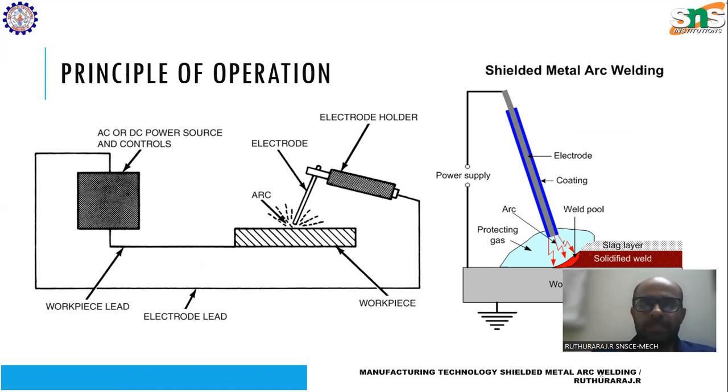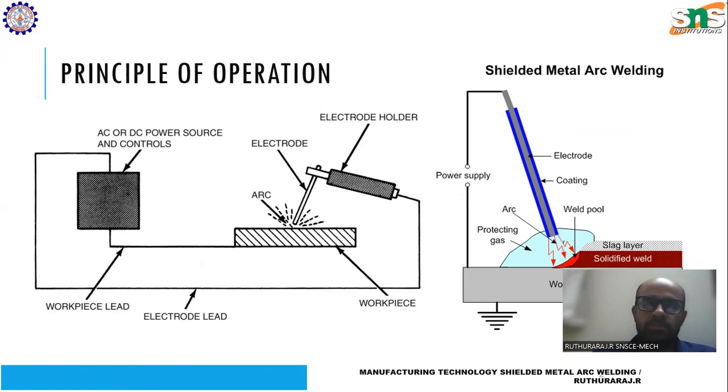When you touch the electrode with the metal piece, the circuit is completed and current flow occurs. There will be no welding taking place. You would have noticed that.